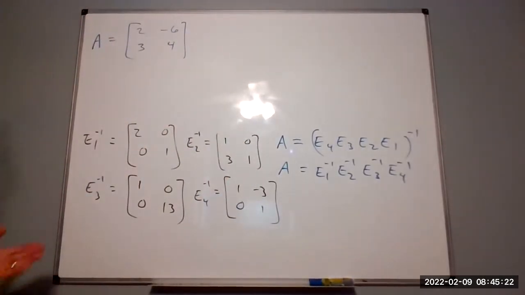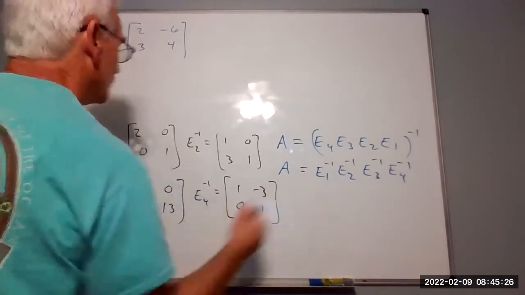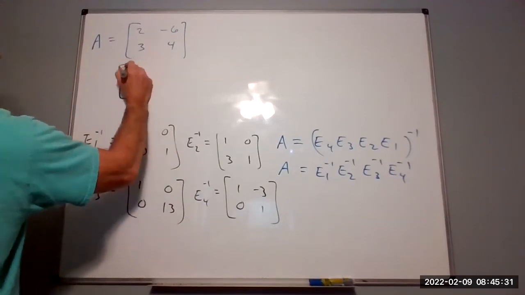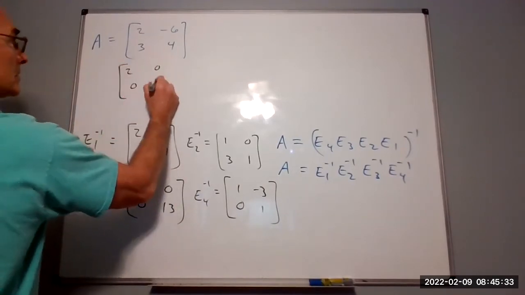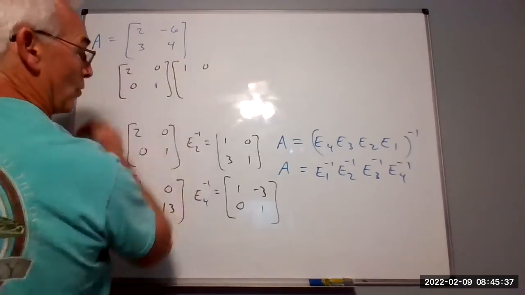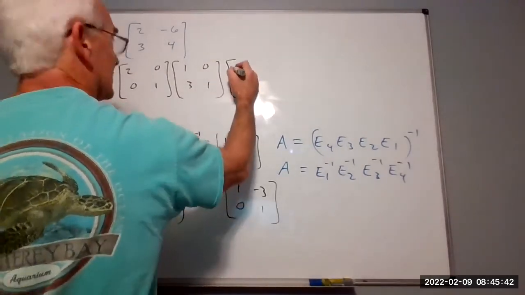That was critical. This is the meat and potatoes here. So let's do this. I'm going to multiply these side by side. I'm going to write them out here, and in exactly this order. Order is everything. You can't change the order of multiplication.